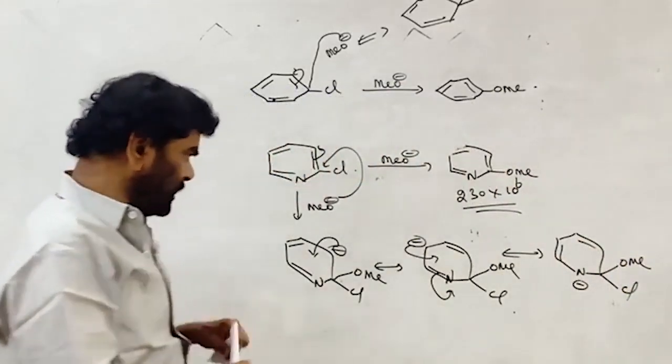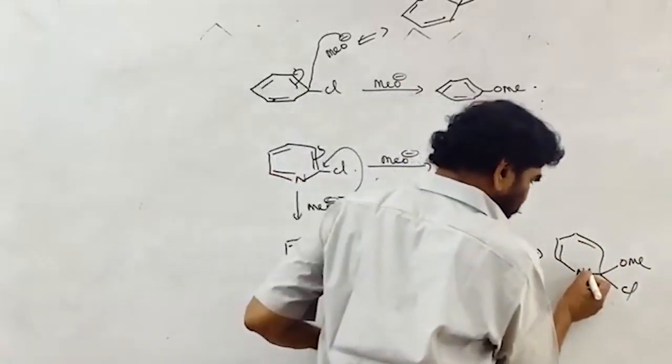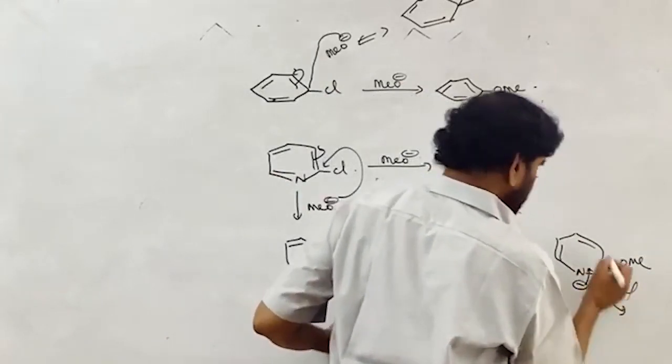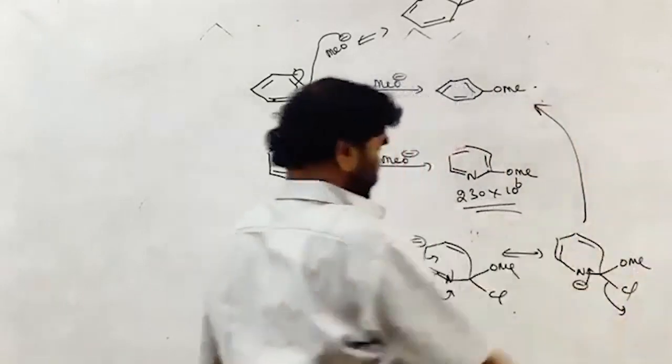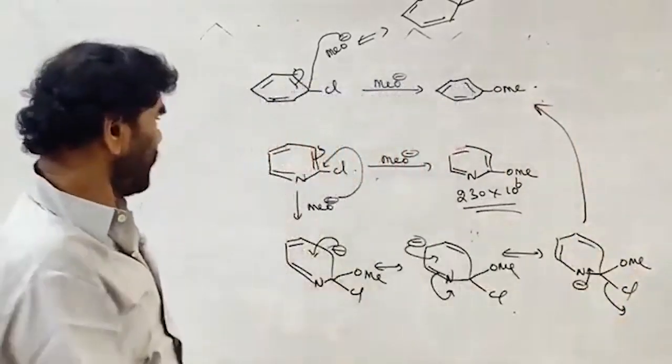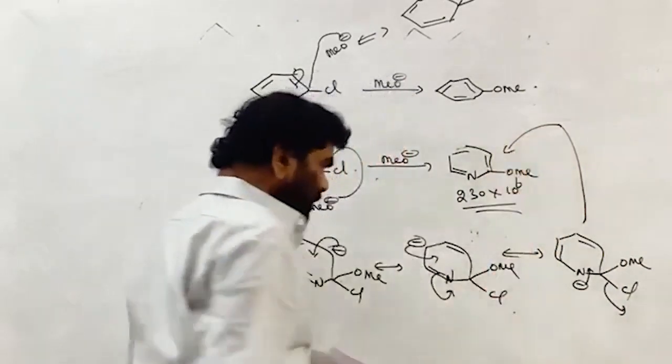These are the possible resonance structures. Now this comes, this goes, and it leads to the formation of this product.